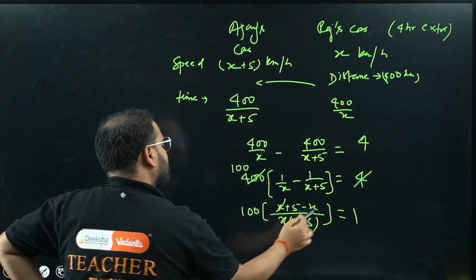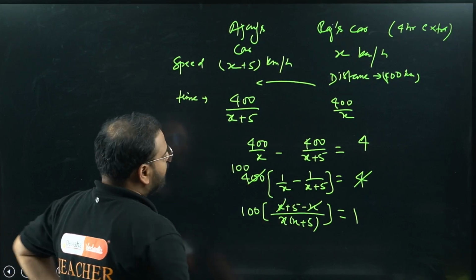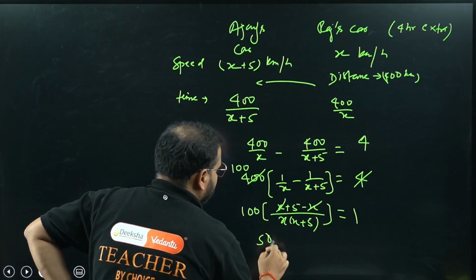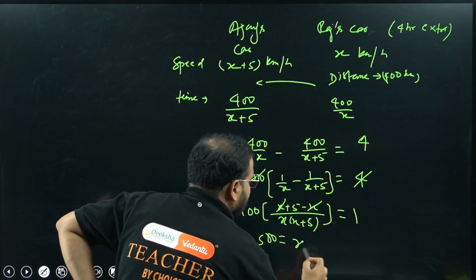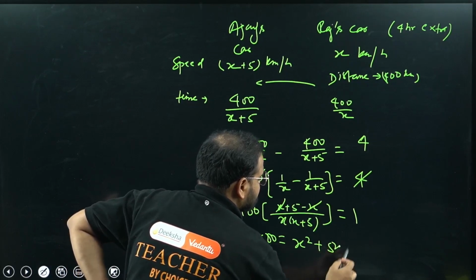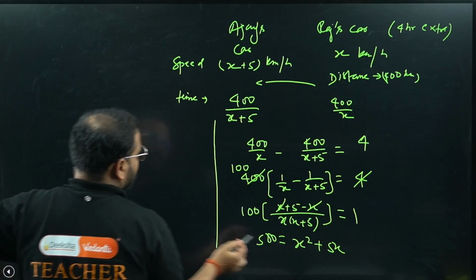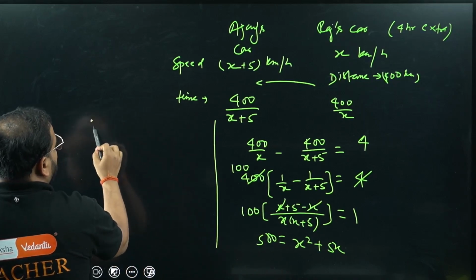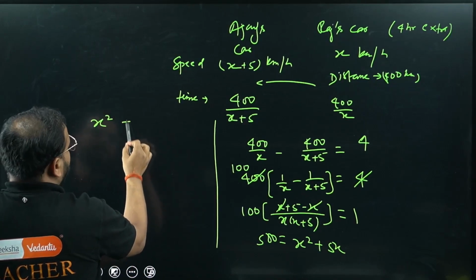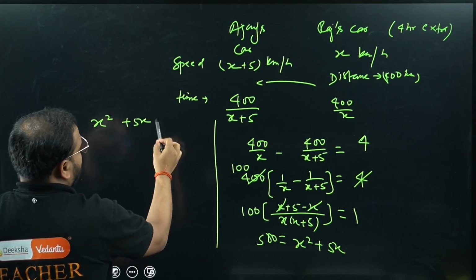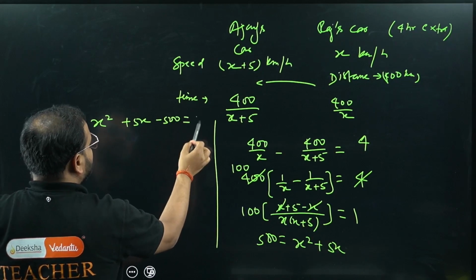X and X are gone. I get 500 equals X square plus 5X. Simplifying, I get X square plus 5X minus 500 equals 0.